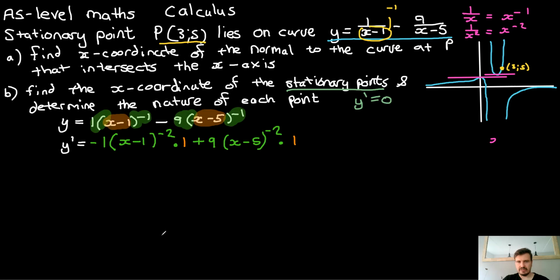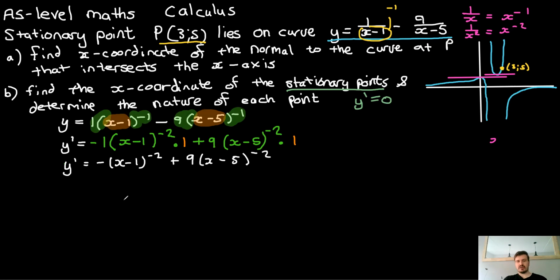And so we have the function y dash equals negative (x minus 1) to the minus 2 plus, because 9 times 1 is just 9, 9(x minus 5) to the minus 2.